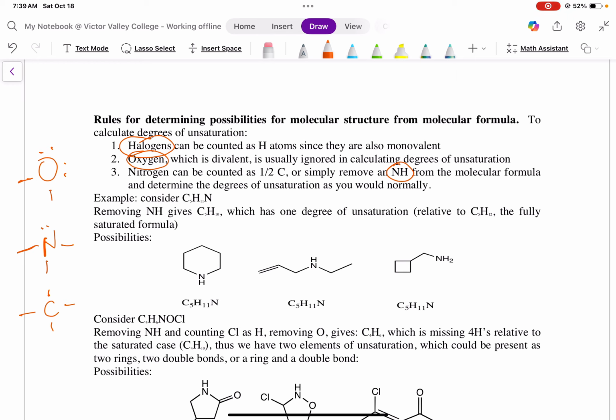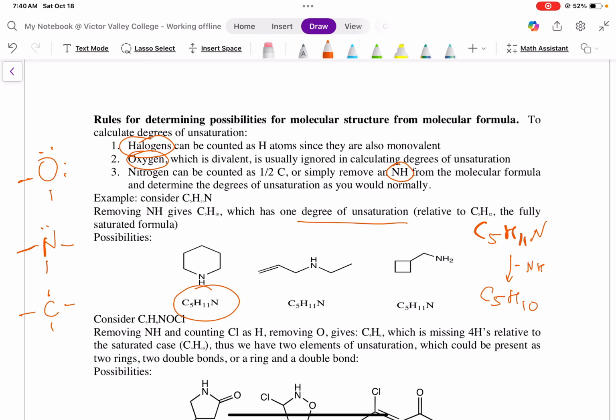Okay, for example, if we have C5H11N, and we're going to calculate the degree of unsaturation, we take away NH, so we'll have C5H10.